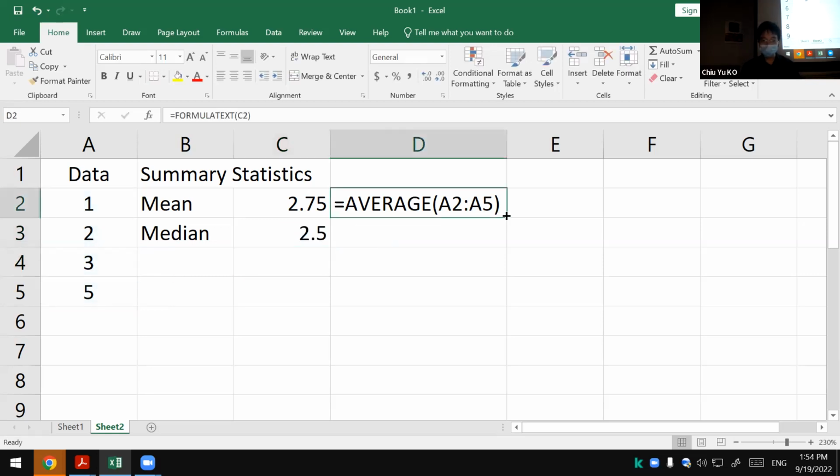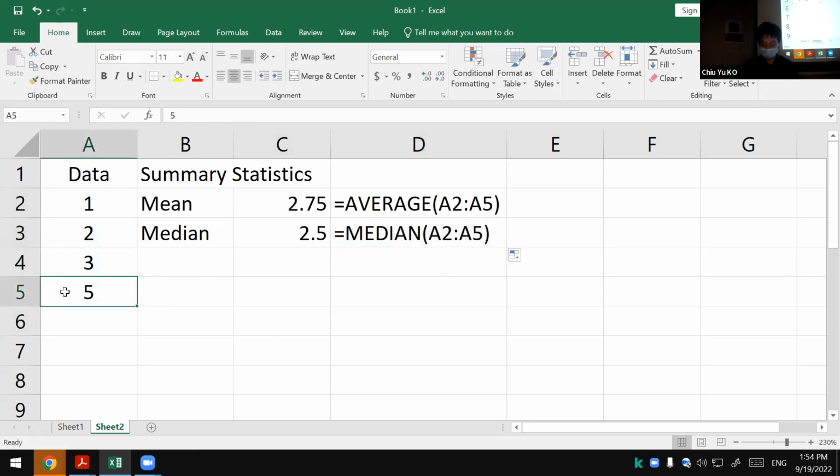So you do the median. You can see if I change the number here, the mean changes, the median does not. Exactly what we're expecting to see. Is that okay for this one? If you have learned Excel, it would be easy for you. But if you haven't learned anything in Excel before, that would be something not trivial.